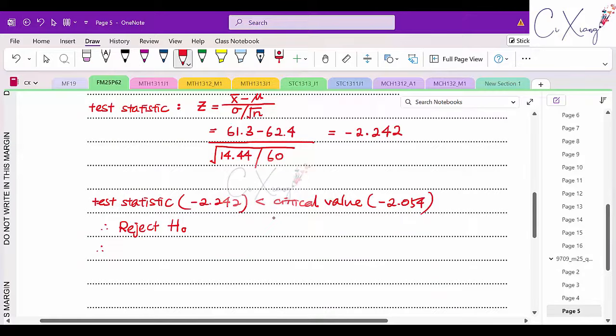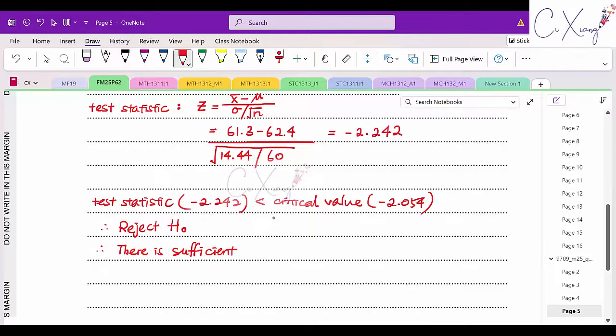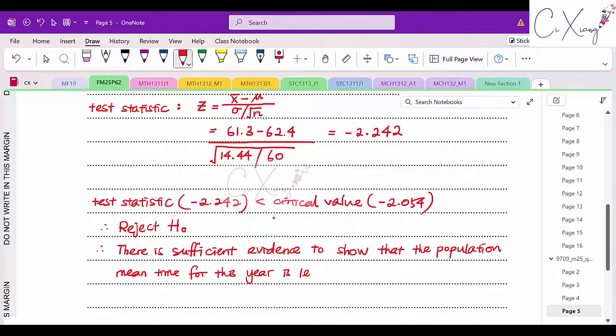So you can say that because you reject the null hypothesis, that means there is sufficient evidence to show that the population mean time for this year is less than the value 62.4 seconds.